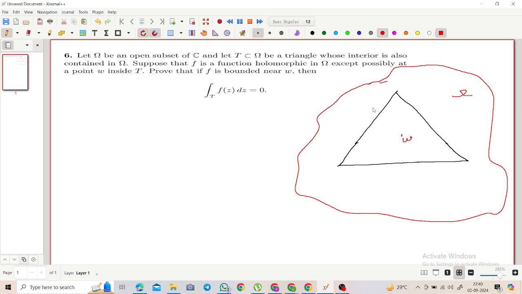Now observe that we will do a few things. Now observe what we are doing.